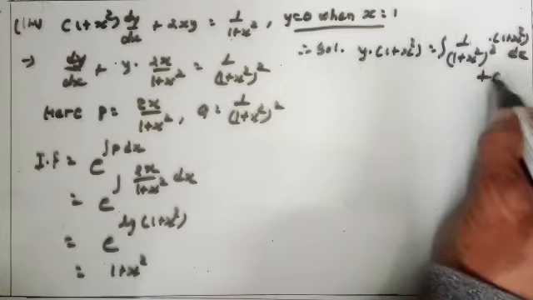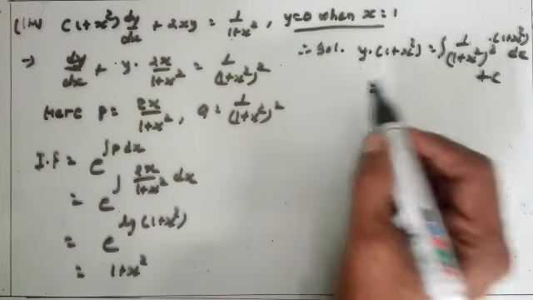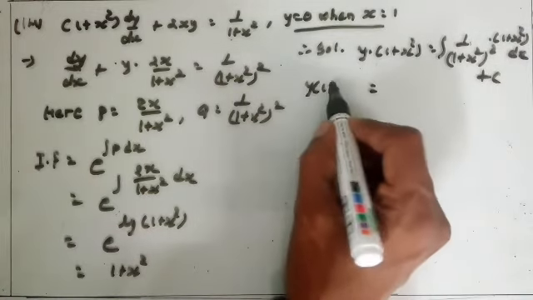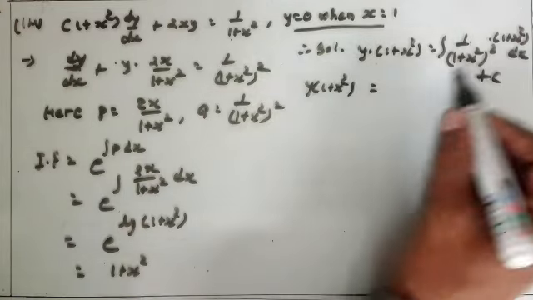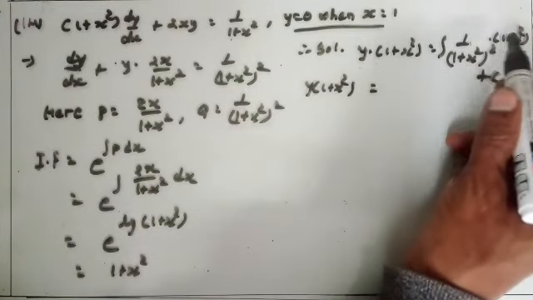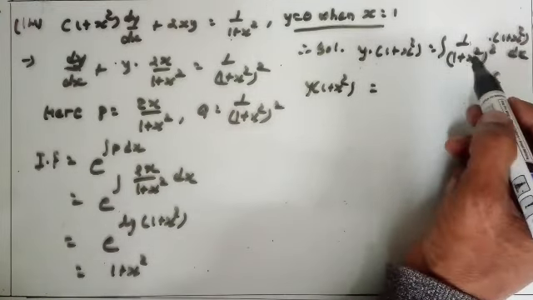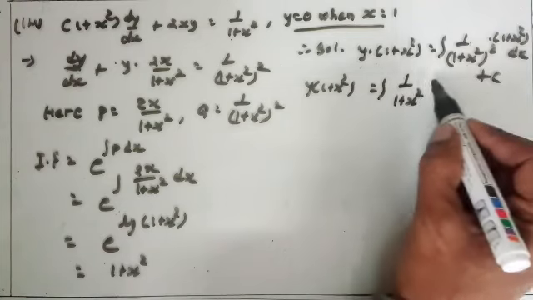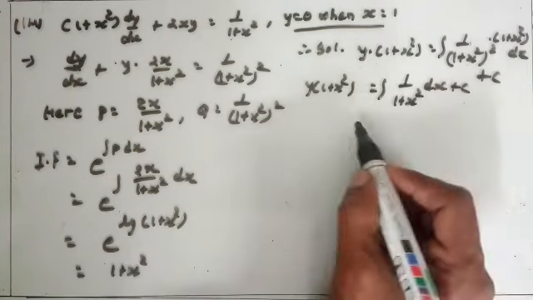dx plus c. So y into (1 plus x square) is equal to the integration of (1 plus x square) upon (1 plus x square) raised to 2, which becomes 1 upon 1 plus x square dx, plus c.